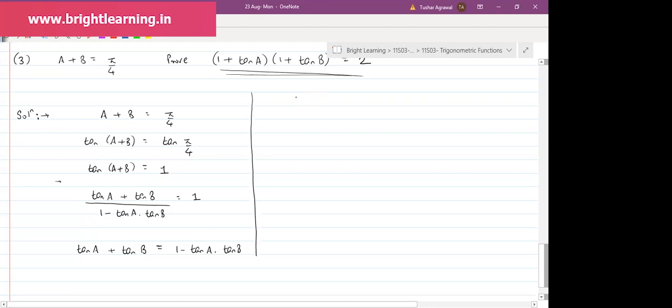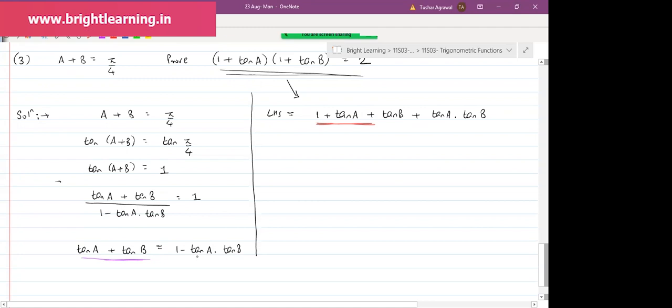He has asked 1 plus tan A into 1 plus tan B. So this expression, the LHS, is actually equal to what we have to find: 1 plus tan A plus tan B plus tan A multiplied by tan B. I just expanded the bracket, the multiplication of two binomials. 1 plus tan A into 1, 1 plus tan A into tan B. So 1 plus tan A plus tan B plus tan A into tan B. This is our target, the destination where we have to reach. And this much is already known to us: tan A plus tan B plus 1 minus tan A tan B.